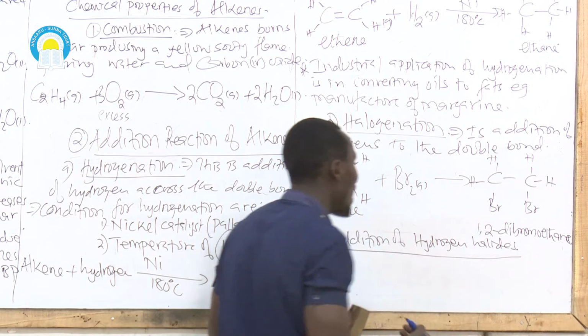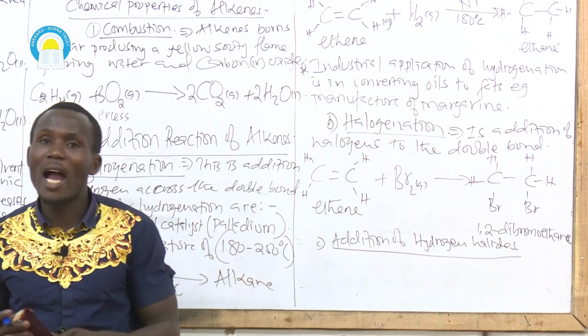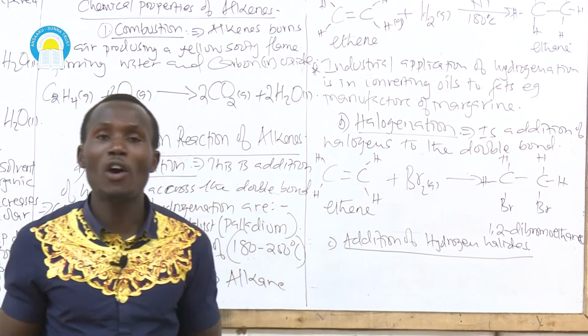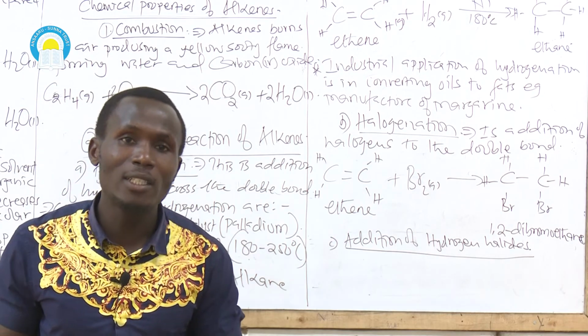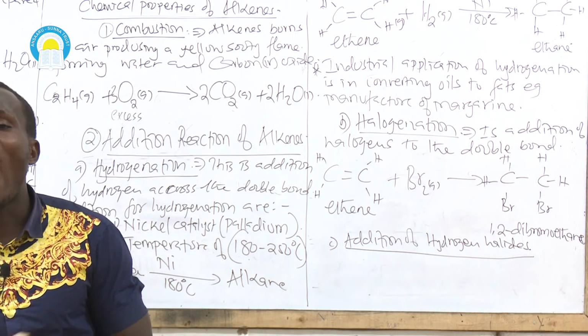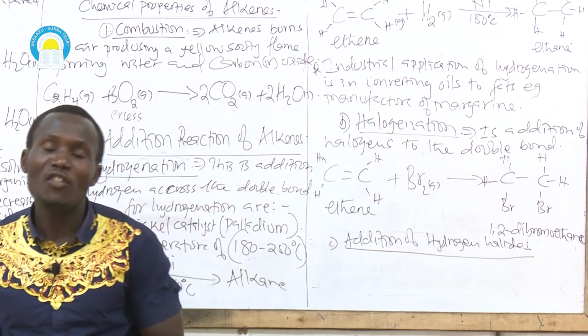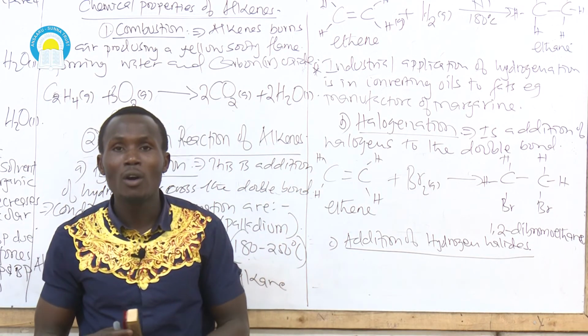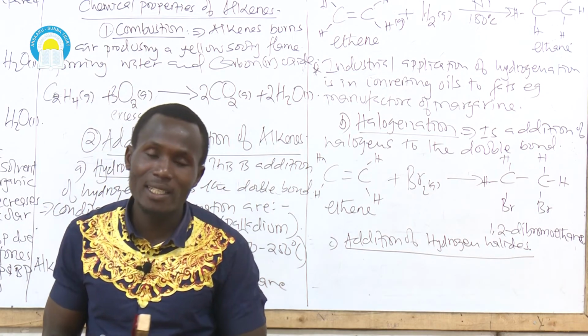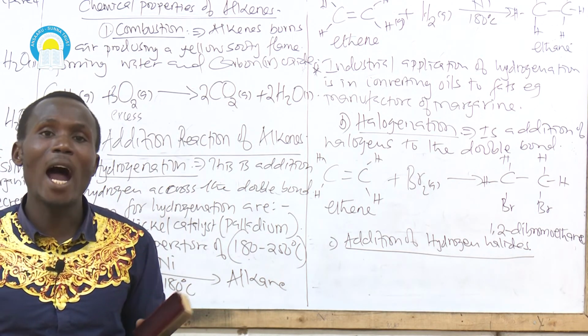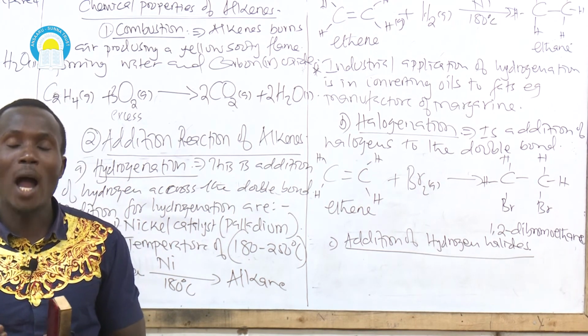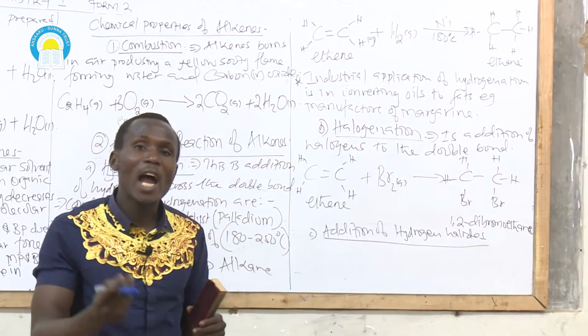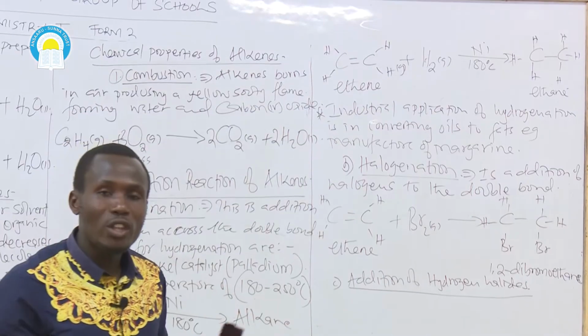When we talk of hydrogen halides, they are hydrogen fluoride, hydrogen chloride, hydrogen bromide and hydrogen iodide. That's what we mean by hydrogen halides. Therefore, when we are adding hydrogen halides, for example hydrogen iodide, we are going to add a hydrogen atom and an iodine atom into the structure.